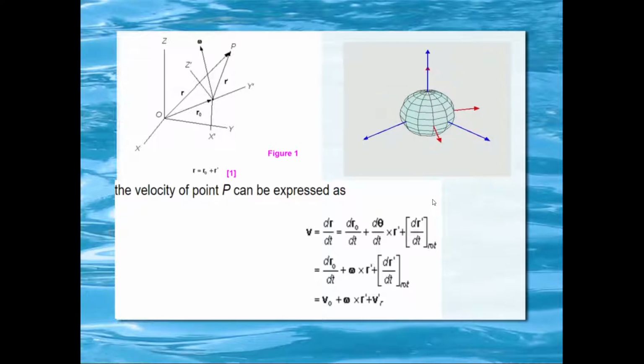We will get these two terms. This is because the position is also changing with respect to time. So we got three terms over here: v naught plus omega cross r dash plus v r dash, which we can call v rel, the velocity relative to the moving frame.